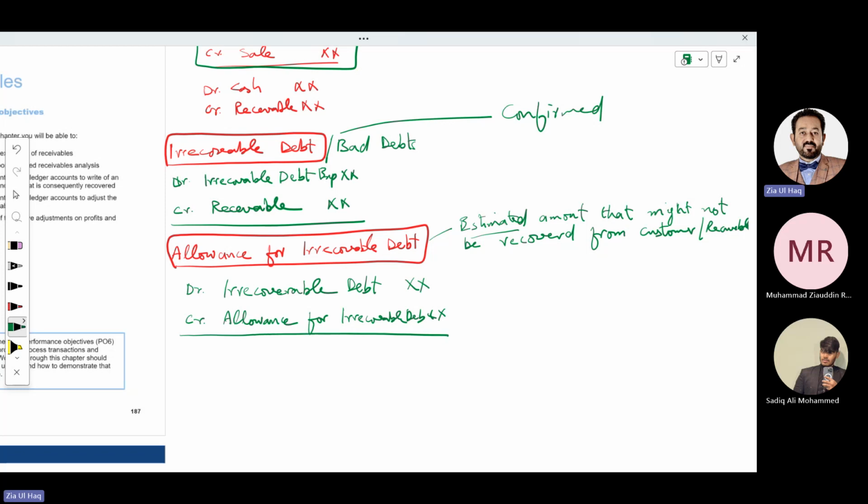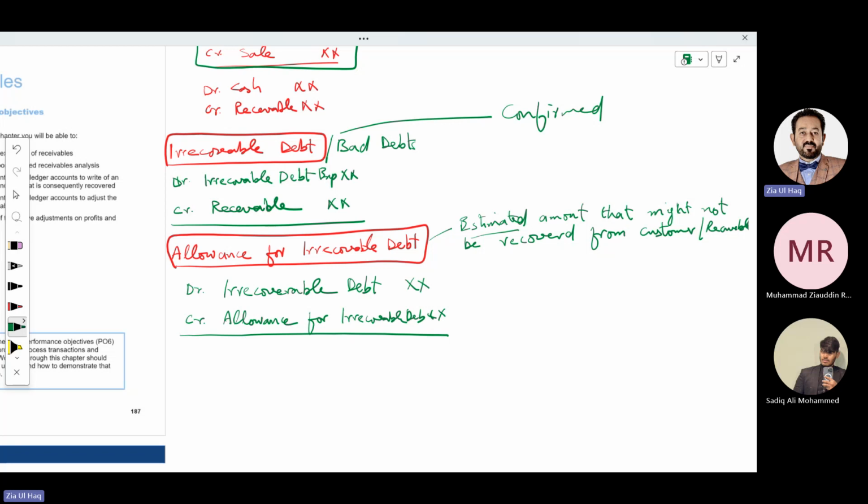We will credit allowance for irrecoverable debt. If there are confirmed bad debts, we are unable to receive money from the customer. In that case, the accounting entry will be irrecoverable debt expense debit, receivable credit, meaning we need to eliminate that receivable. But if there is estimation, not confirmed, we need to record allowance for irrecoverable debt. How?